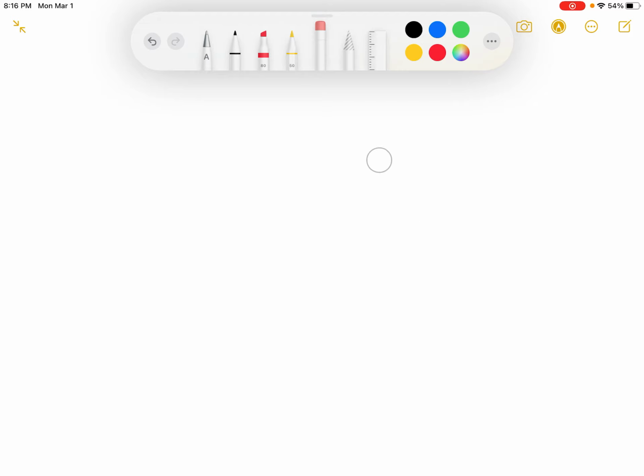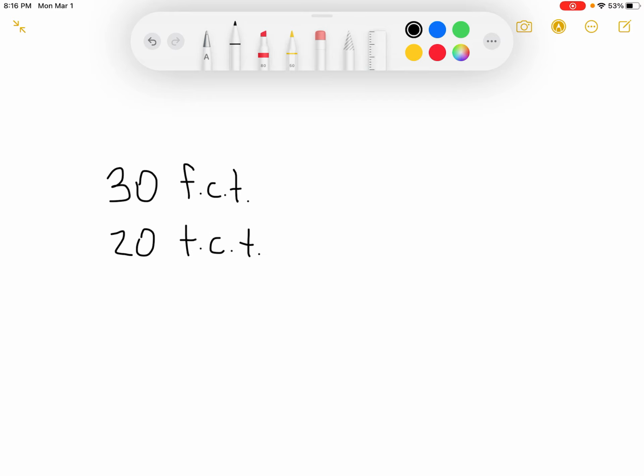What's the best amount of tickets of each kind to sell for the best profit? We have 30 first class tickets, and then we have 20 tourist class tickets. There you go.